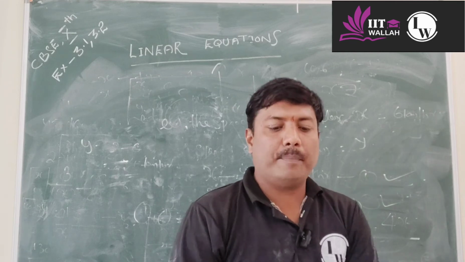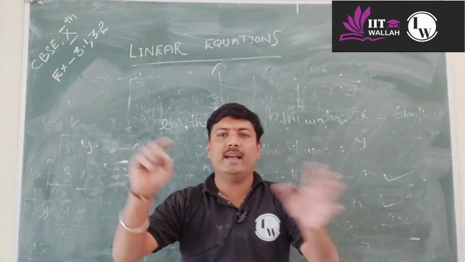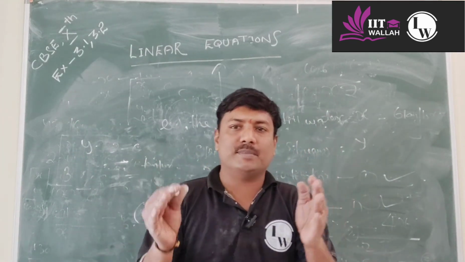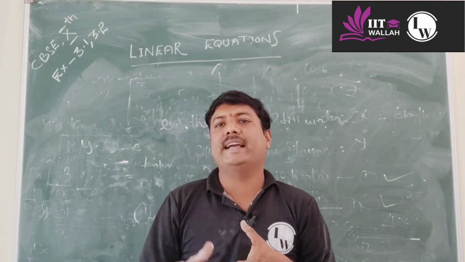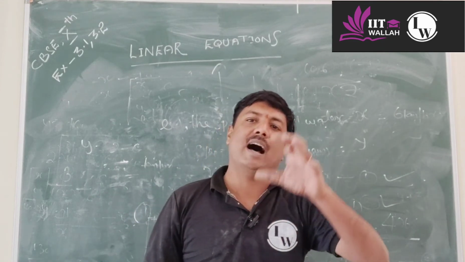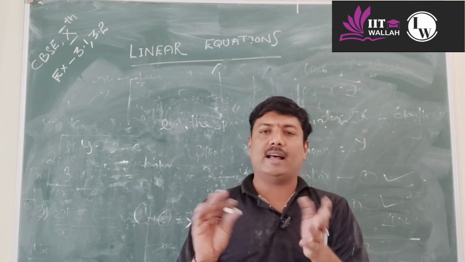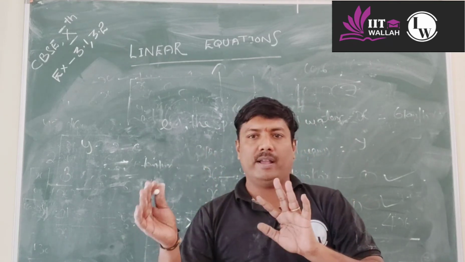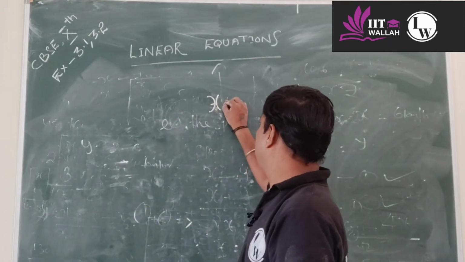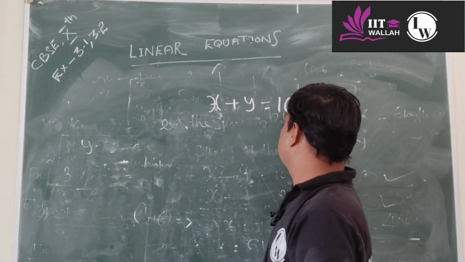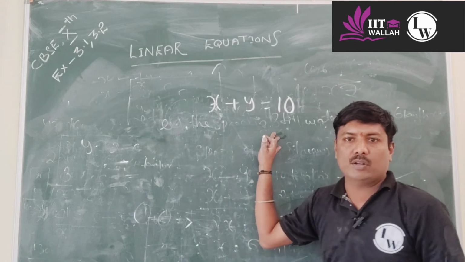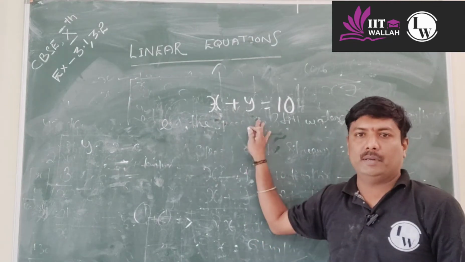In this chapter we discussed linear equations. Linear equations means the equation whose degree is 1. Degree means the highest power. Highest power is 1, in two variables, x and y, like x plus y is equal to 10. This is a linear equation in two variables.